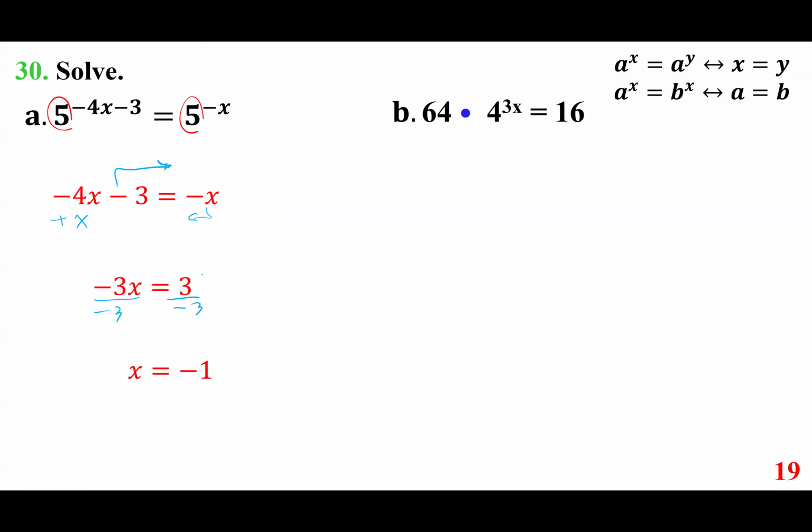64 times 4 to the power of 3x equals 16. What happens with a case like this? Well, we want to come up with the same base.